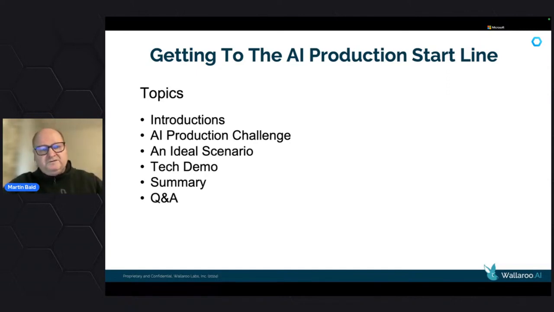So we'll kick off with some introductions. We'll go through some of the challenges that data scientists and MLEs experience in that pre-production stage to get to the production start line. We'll talk about an ideal scenario. It's not the ideal scenario.